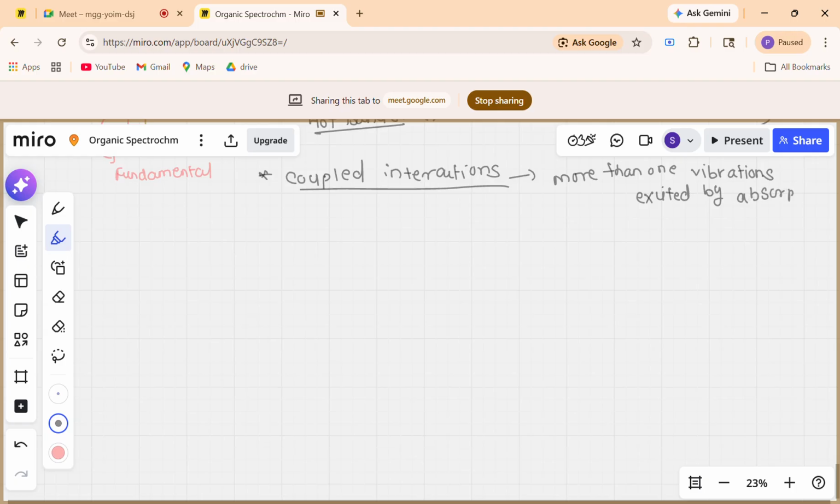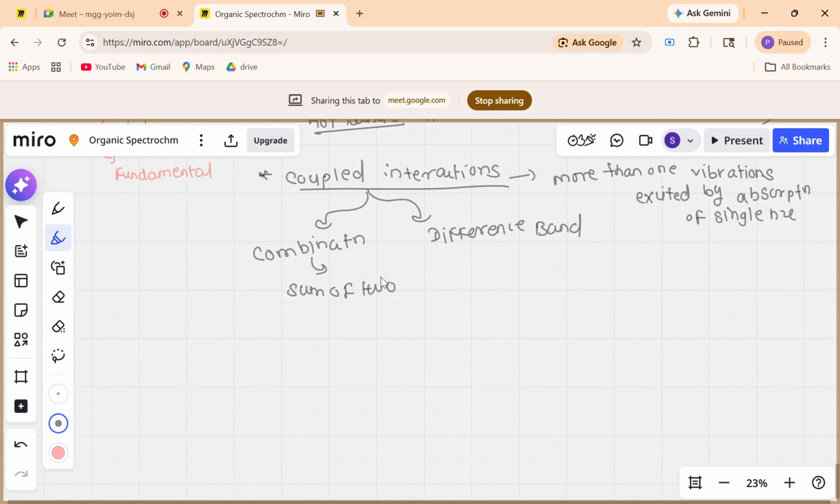Coupled interactions are when more than one vibration is excited by the absorption of a single photon. So you are providing less energy, but corresponding to that energy, more than one vibration happens. Such an interaction is called a coupled interaction.